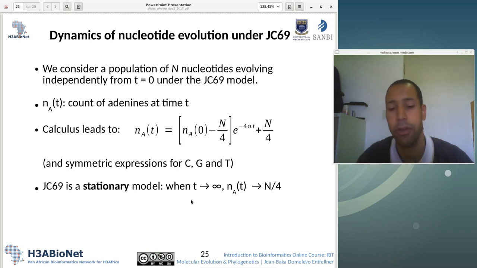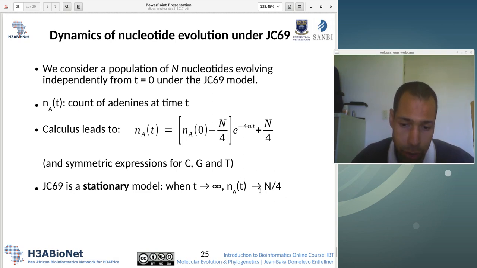for each nucleotide. So that's why after an infinite amount of time, the number of nucleotides A tends to be equal to the total number of nucleotides divided by 4. And same for C, same for G, same for T. So we have established that JC69 is a stationary model.